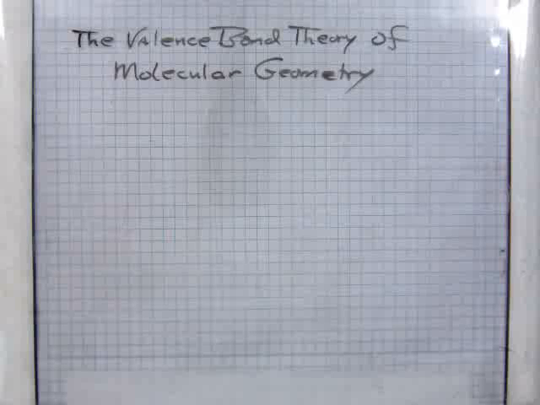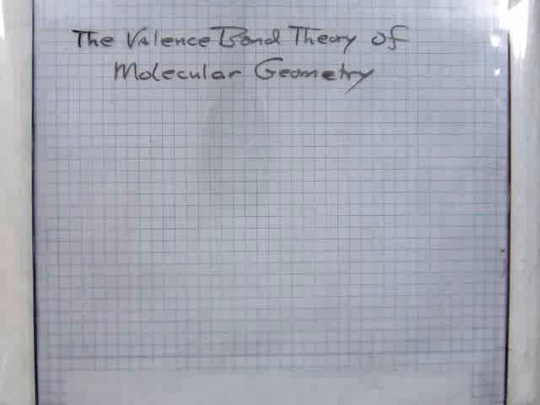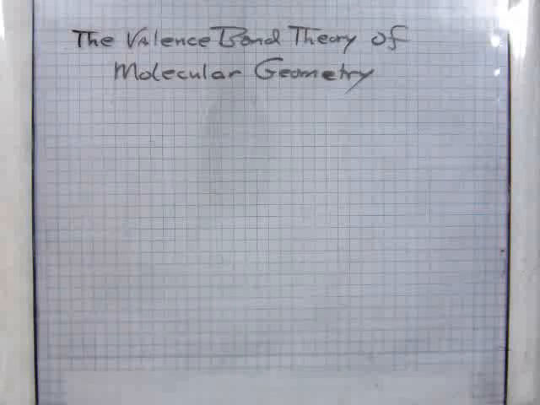The second thing is, in using the valence bond theory, I found it very helpful to use the VSEPR to first define the parent and then go from there into the hybridization type bond. So keep those 2 points in mind.